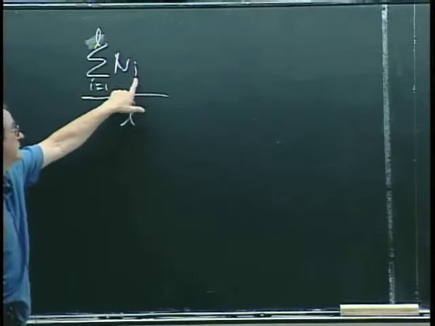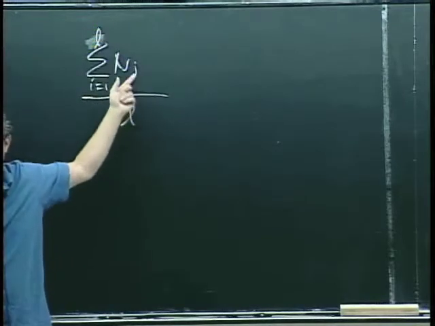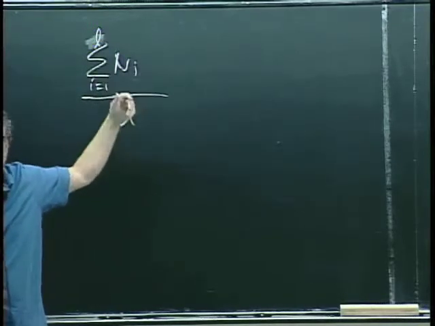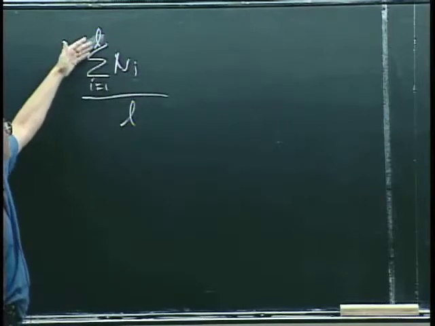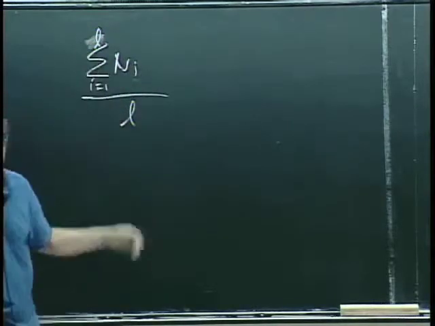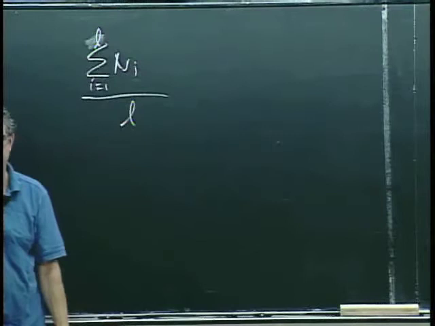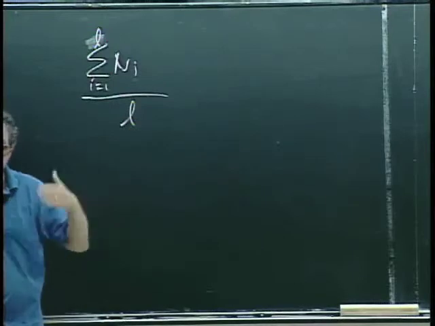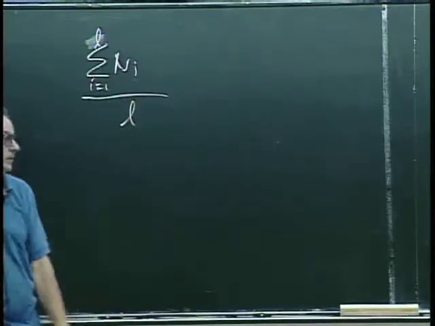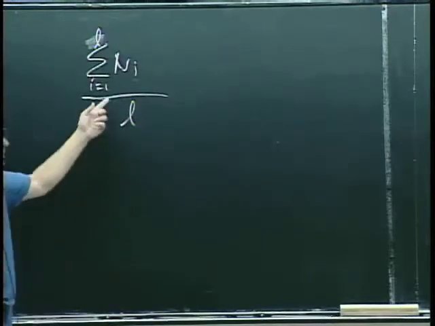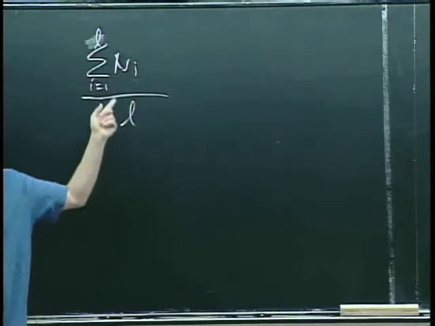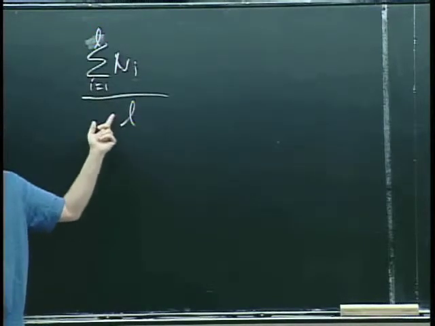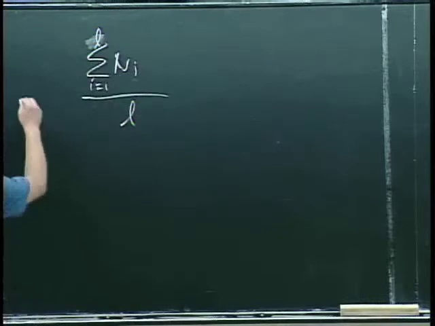N1 was the number of comparisons the first time you did it, N2 is the number the second time, and so on. If you add these all up and divide by L, that's the average number of comparisons that are done. And that's something you can empirically compute for particular executions. Any questions on what this is, and on the notation? Does this make sense?